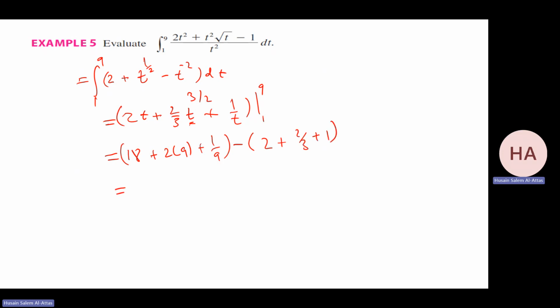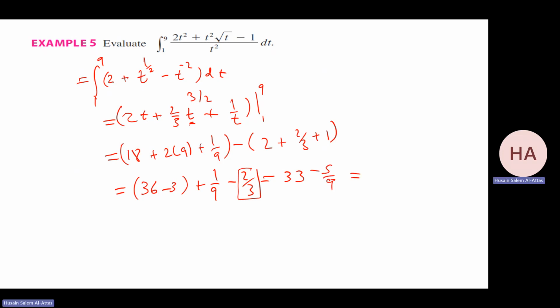So what we have, you can check the calculation later: 36 minus 3, plus 1 over 9 minus 2 over 3, which is 33. This is 6 over 9, so it will be minus 5 over 9.